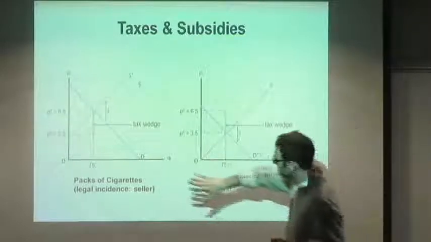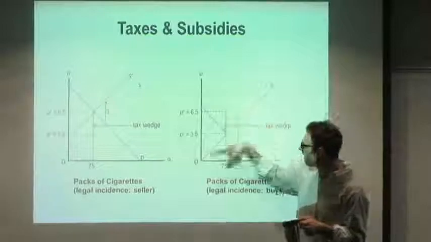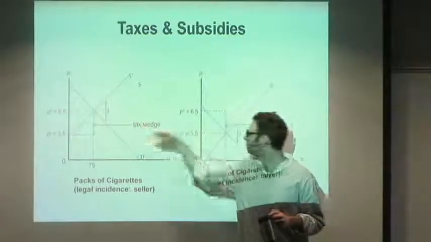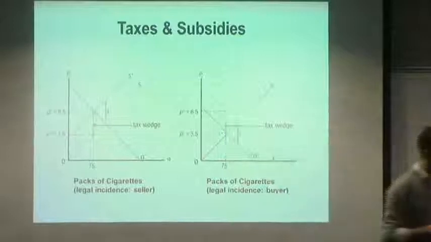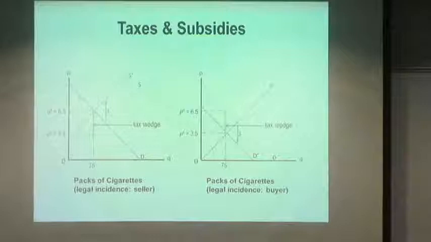Okay? It can fall on sellers, or it can be levied on buyers. In either case, buyers pay $1.50 more, $5 to $6.50. Sellers receive $1.50 less. They receive $3.50 as opposed to $5.